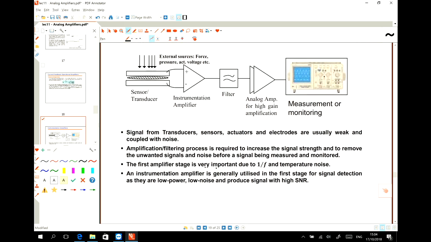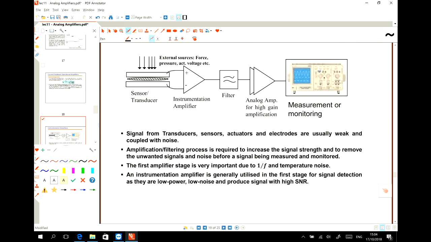Another one is the instrumentation amplifier, or those that we use for differential loads. If we have a differential load and we want to measure something with it, then we use an instrumentation amplifier, then a filter, and after that we amplify the signal.